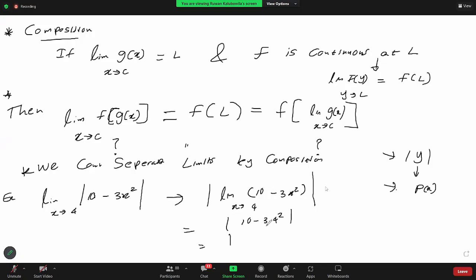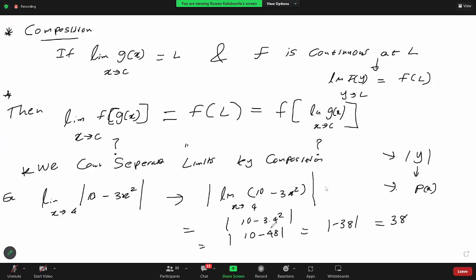Here, 16 times 3 means 48. Then this one is equal to negative 38. But we have the modulus at the outside, so the answer is positive 38, not negative 38, because the modulus should be there. So therefore, the answer is positive 38.